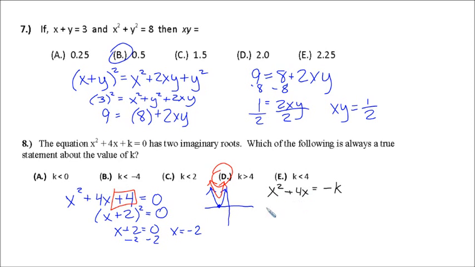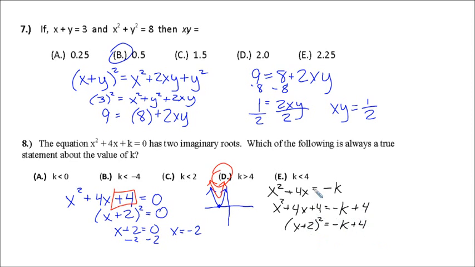It's always half the middle term squared. If we added a 4, we would have to add that 4 to the other side for balance. And then this can be expressed, again, as x plus 2 squared. That's still equal to negative k plus 4.